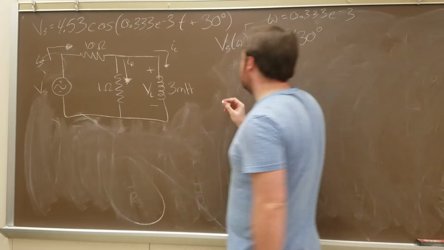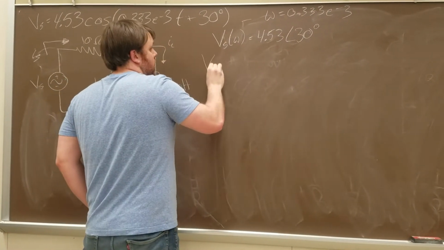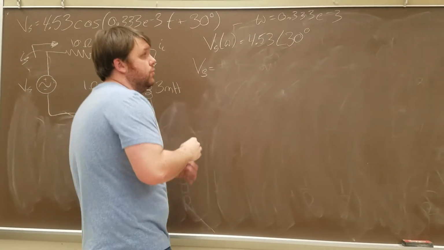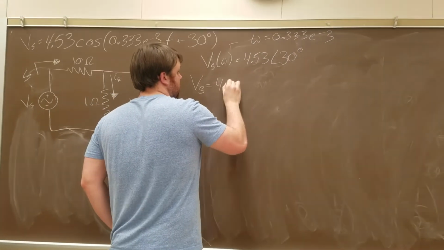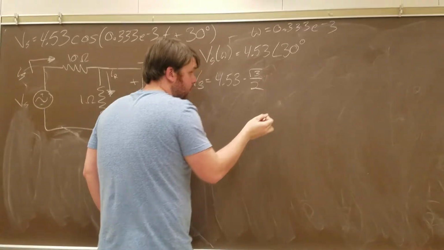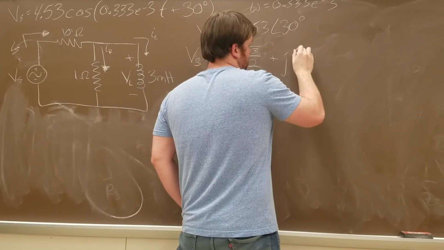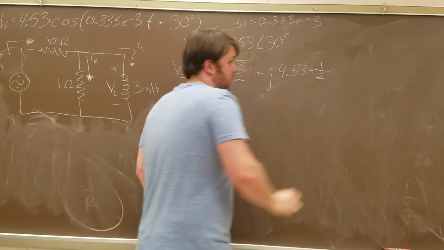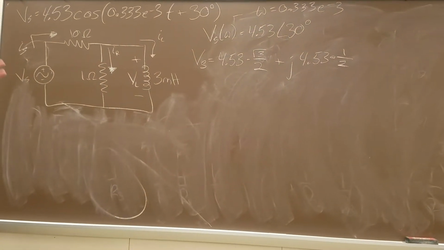Okay, now this can also be expressed in the A plus JB form as we just solve it out, right? So it's 4.53 cosine of 30, so that would be 4.53 times root 3 over 2 plus J times 4.53 times 1/2, right? That's 3 different ways to look at the same source.